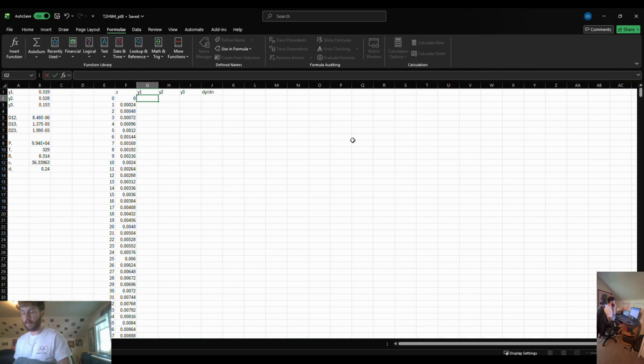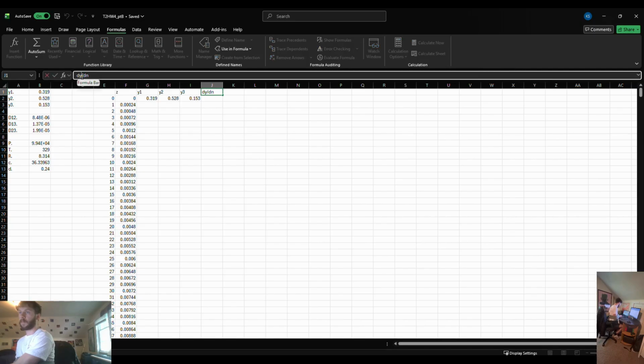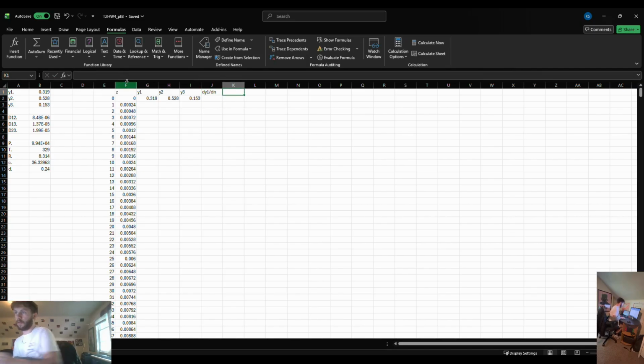So we'll say equals y1 dot, equals y2 dot, and equals y3 dot. So this will be for our acetone, and then we'll have one for our methanol too. And that change in our scaling factor is essentially just this length divided by 1,000.